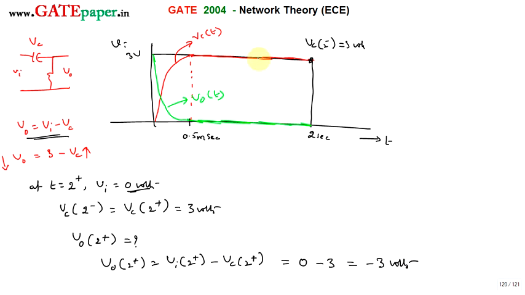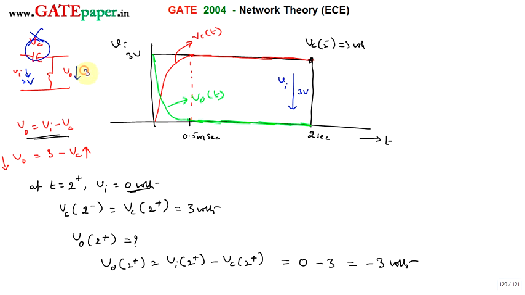So the input is changing: look at this one, Vi is reduced by 3 volts, but the voltage across the capacitor is not changing. Where should this decrease come? This decrease should come at the output voltage.